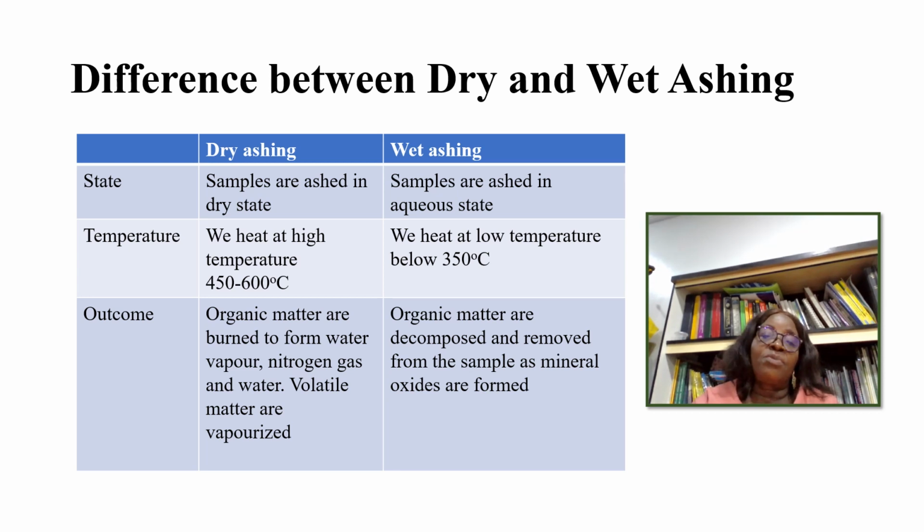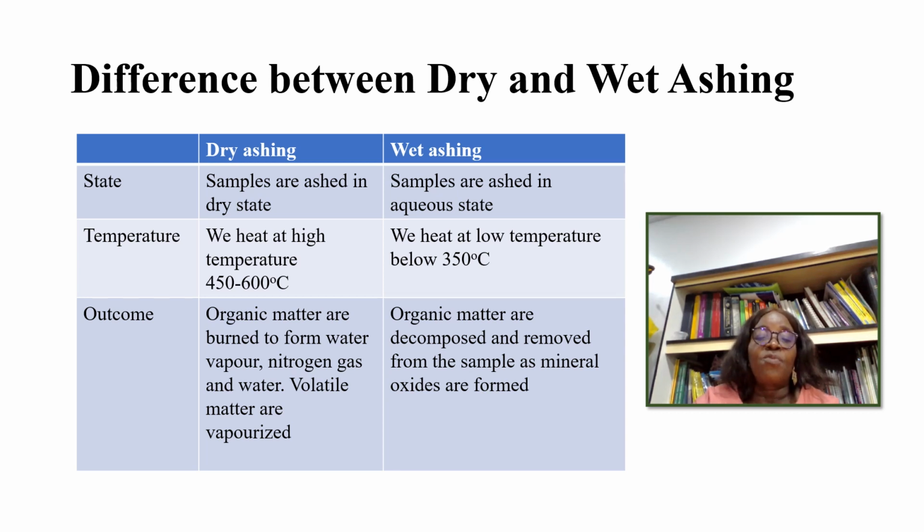What's the difference between dry and wet ashing? We just want to state three differences here. We know that in the dry ashing method, the samples are ashed in a dry state, while in the wet ashing method, samples are ashed in an aqueous state. And then temperature: we heat at high temperature for dry ashing, temperatures of 450 to 600 degrees centigrade, and we heat at low temperature, below 350 degrees Celsius, for wet ashing.